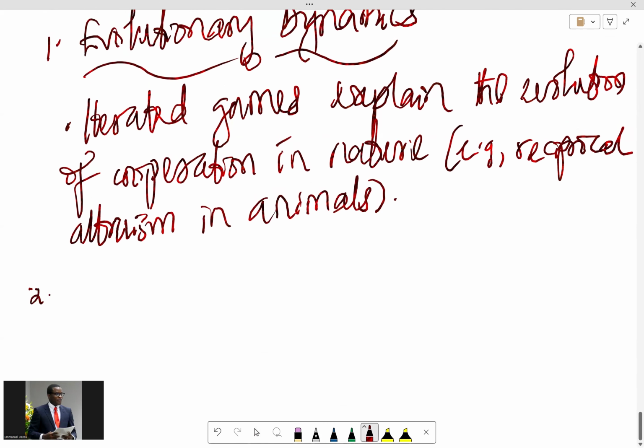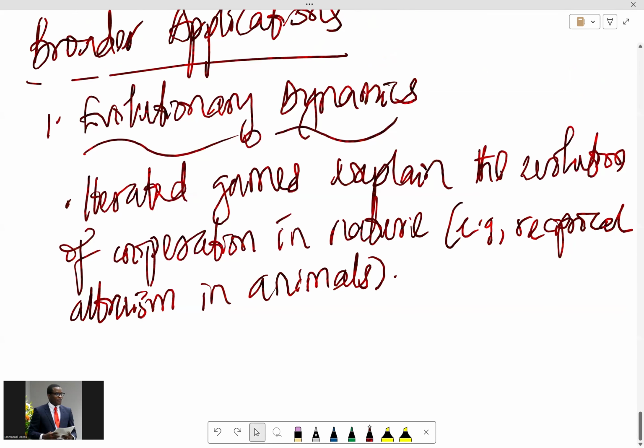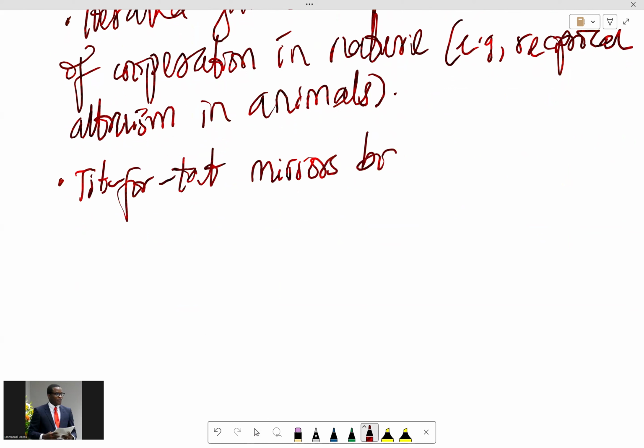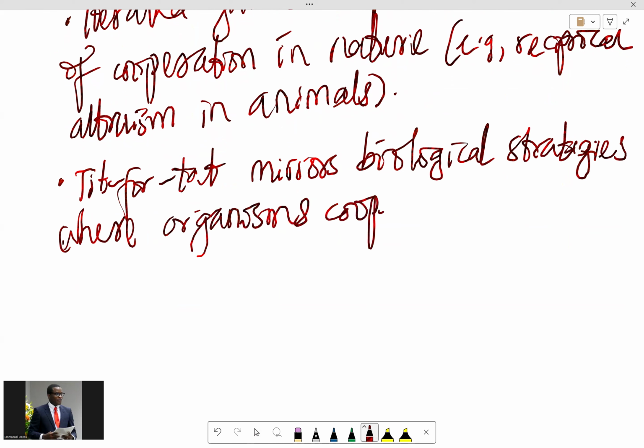Then we have two. Okay, not two yet. I mean, still under the first point, still under evolutionary dynamics. We see that tit for tat mirrors biological strategies where organisms cooperate but punish defectors.